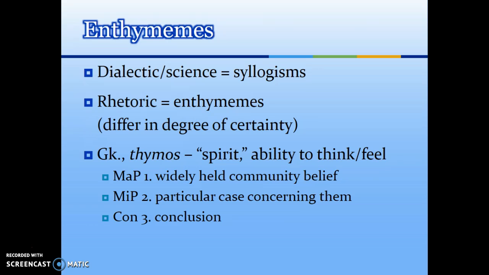Enthymemes are like that. They certainly can use different sorts of premises, but enthymemes are not quite so bound to that limited structure of the syllogism, which is not to say that enthymemes are better because it's not using the same structure, or syllogisms are somehow inferior. They use different sorts of forms, and they exist for different purposes.